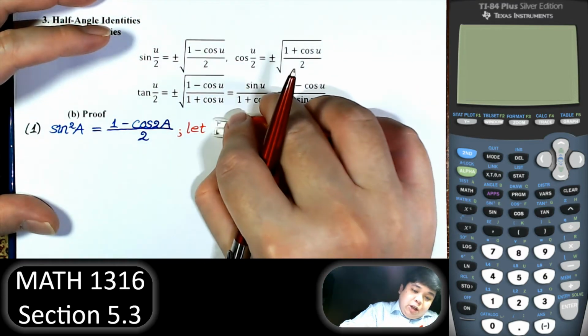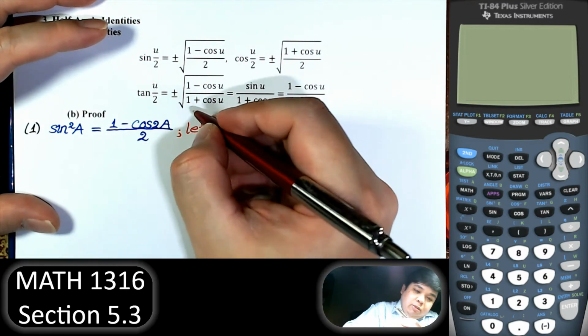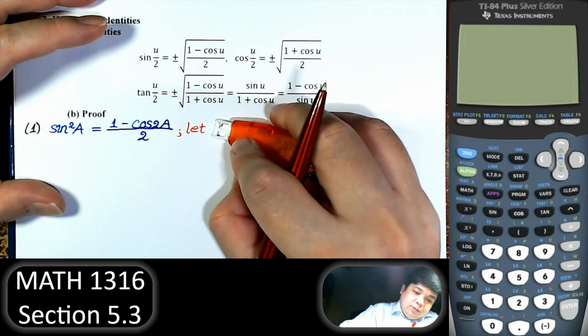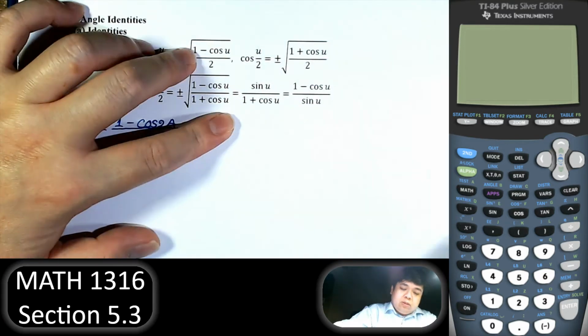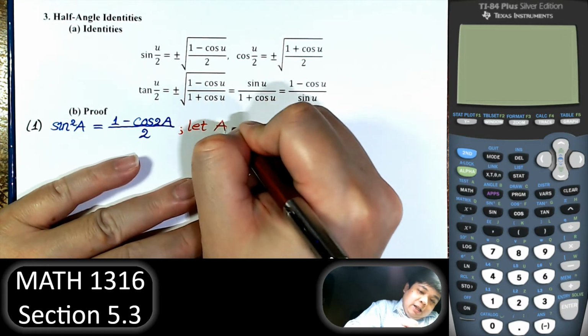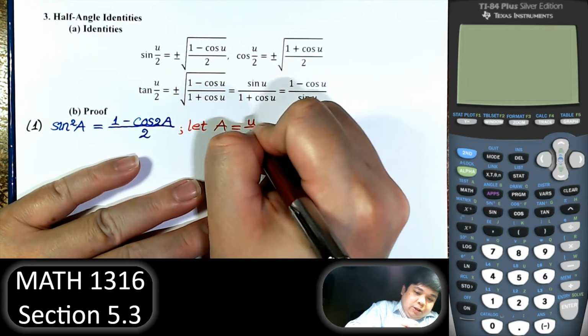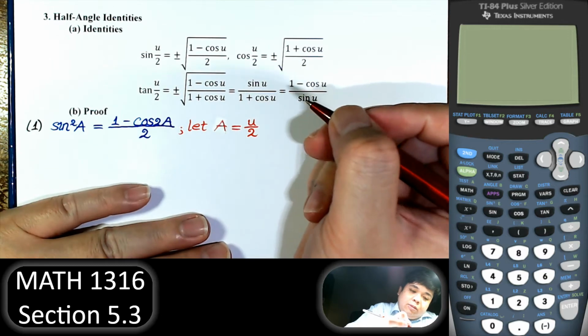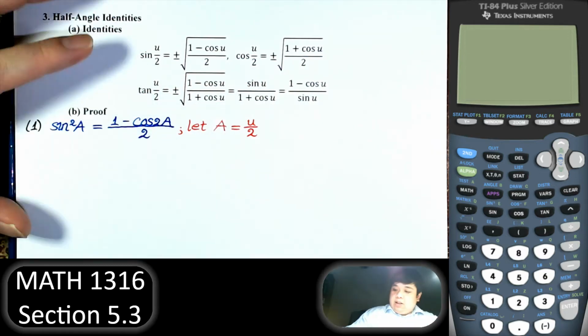Let a equal u over 2 and substitute into that.